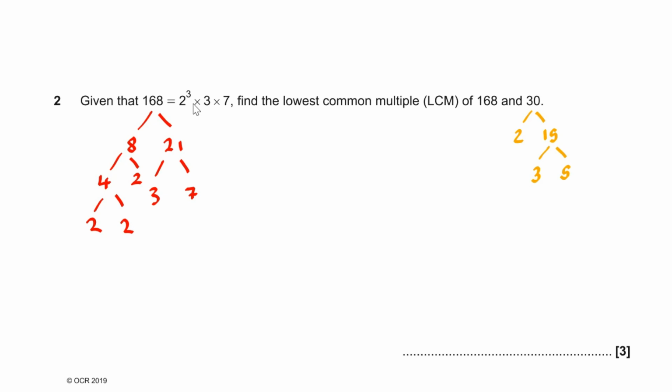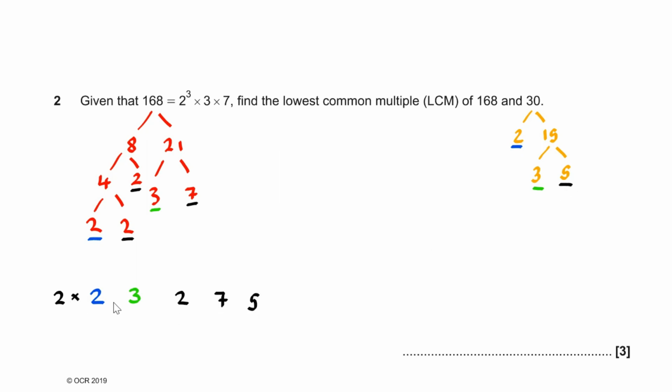So when we come to find the lowest common multiple, they both contain a 2. They both contain the 3, and that's it. And then we multiply the others, so we've got 2, this 2, this 7, and this 5.